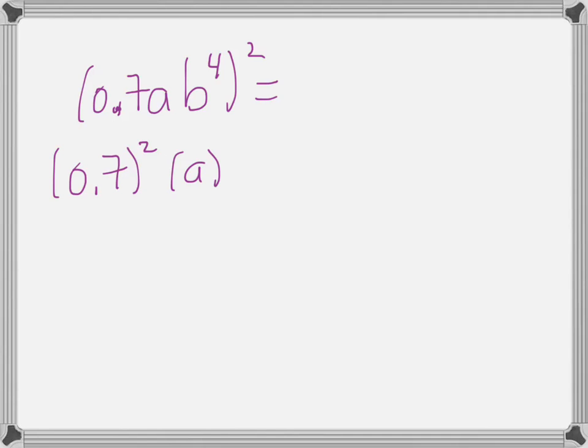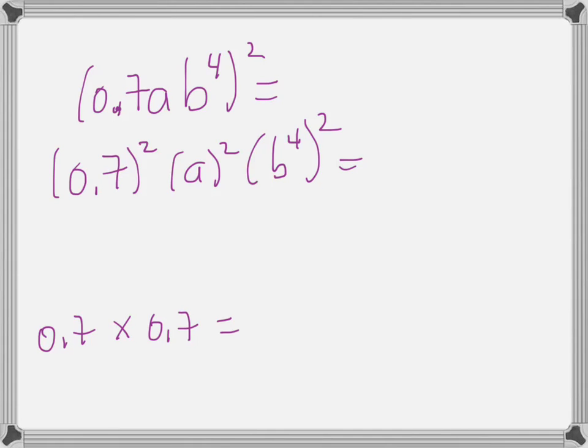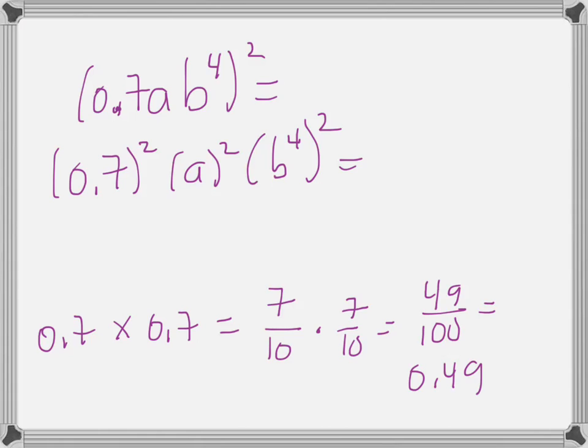So I'm just going to separate all parts of the term this way. Now let me think about 0.7 times 0.7. Sometimes I like to rewrite them as their fraction equivalents. So that's 7/10 times 7/10. Well, that's 49 hundredths. But what that really is, is 0.49.